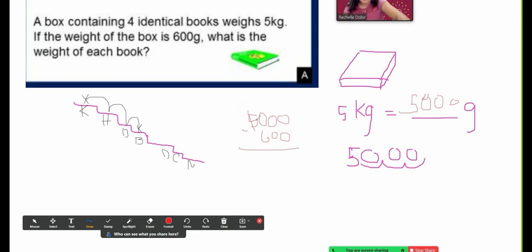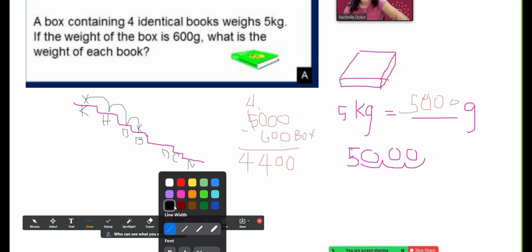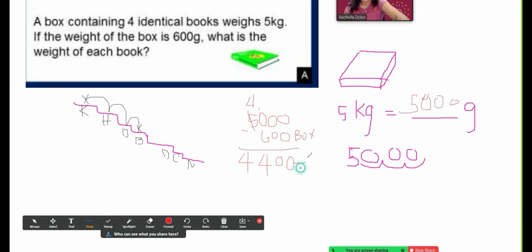So this will become 4,400. We get rid of the weight of the box. So this is now the 4 books, right? So we divide this by 4. 4,400 divided by 4 is 1,100 grams for each book. Okay, so this is the answer now.